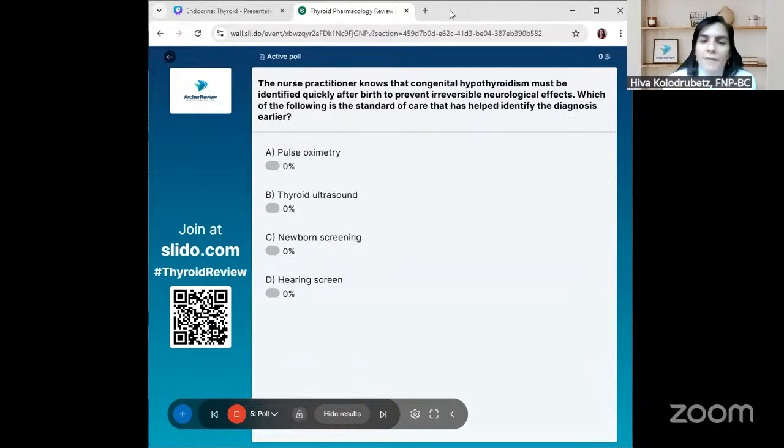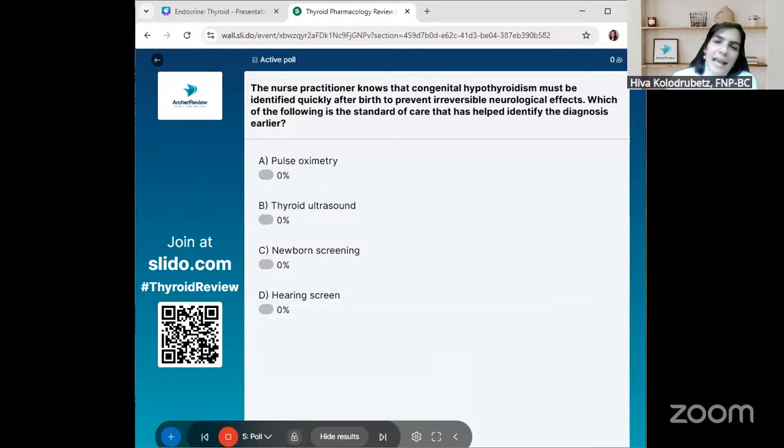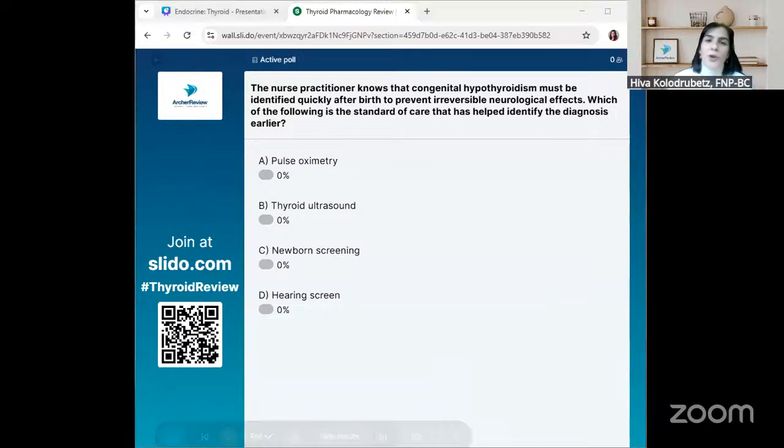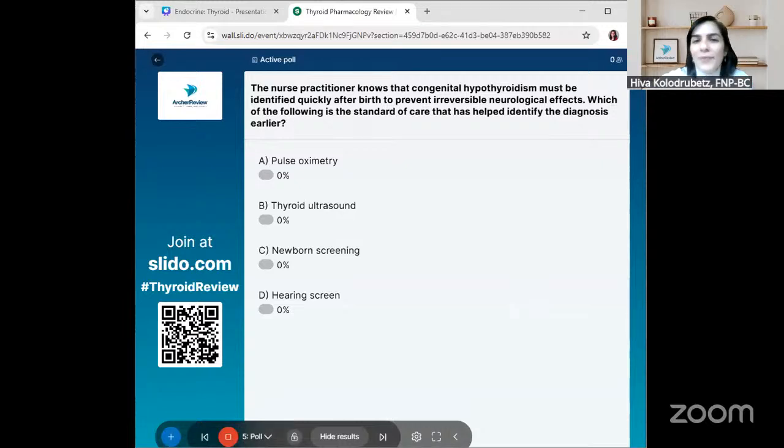And this one, it all fit onto the Slido, so we can stay on Slido. Okay, so the nurse practitioner knows that congenital hypothyroidism must be identified quickly after birth to prevent irreversible neurological effects. Which of the following is the standard of care that has helped identify the diagnosis early? Is it A, B, C, or D? What do you guys think? Go ahead and answer in my poll.